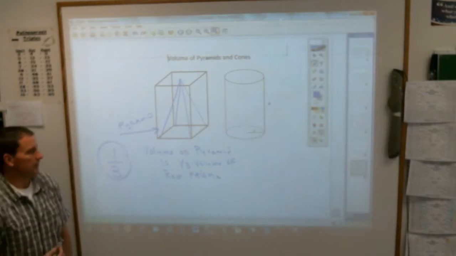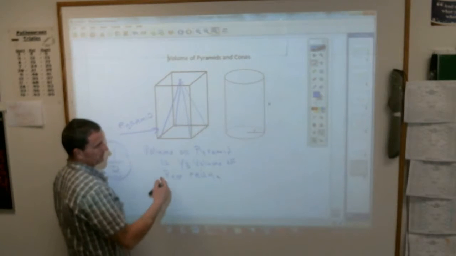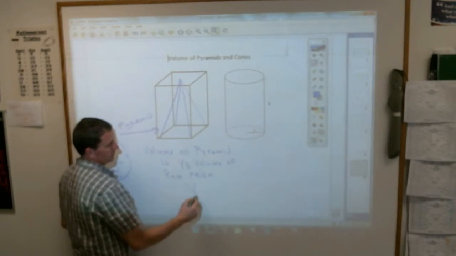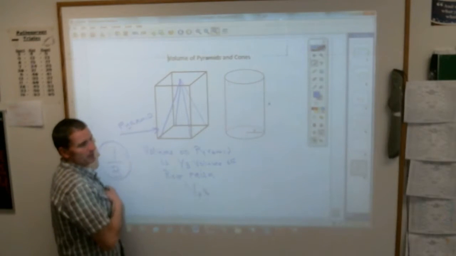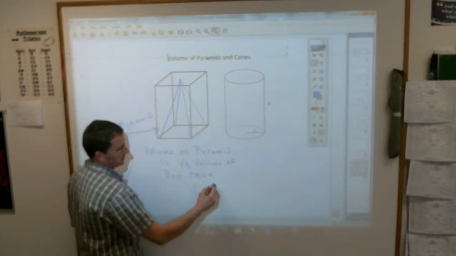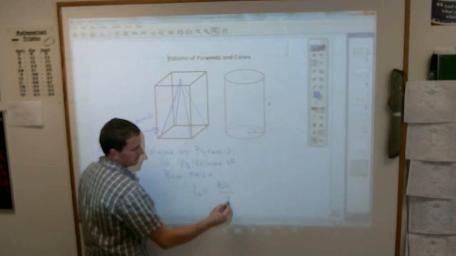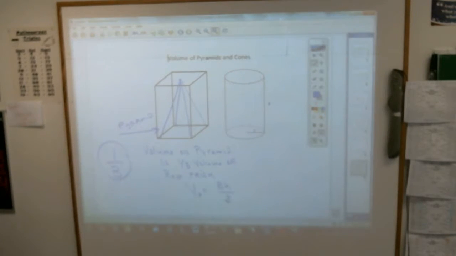And I guess we should write the formula. How do you find the volume of a rectangular prism? The area of the base times the height. But for the pyramid, you're dividing it by 3, just cutting whatever it is into 3.